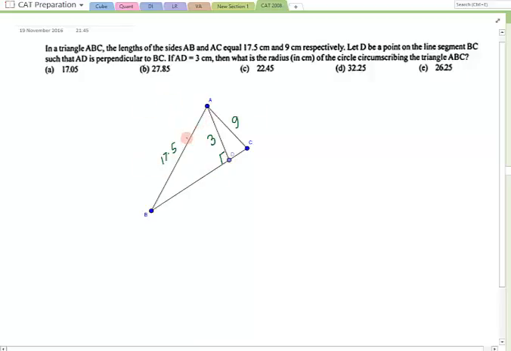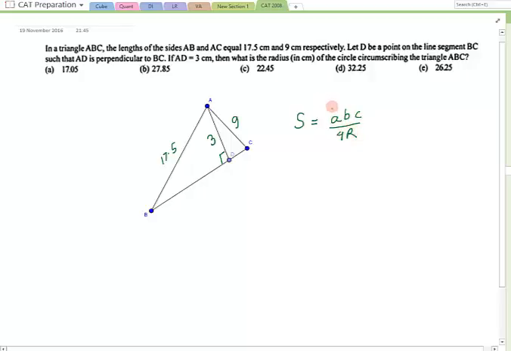Now, the way to do this, and it's easy to get confused in the examination, but you need to remember this formula for solving this question. So this is S is equal to ABC by 4R. This is the formula for area of a triangle, which is A into B into C by 4 into the circumradius.